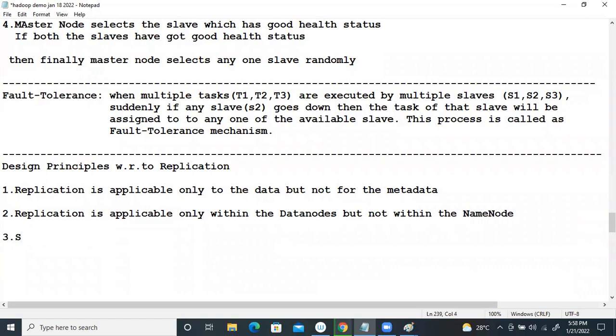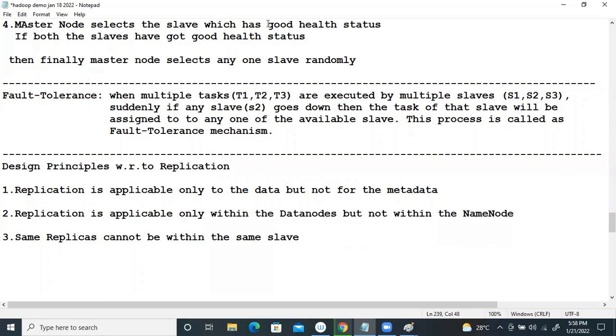Same replicas cannot be within the same slave. Observe this third point.